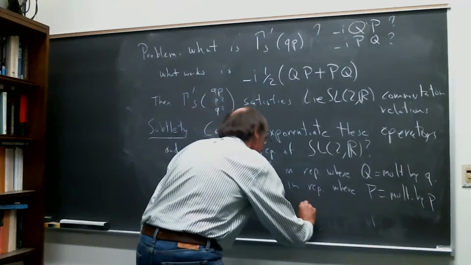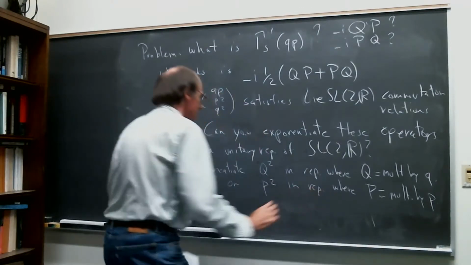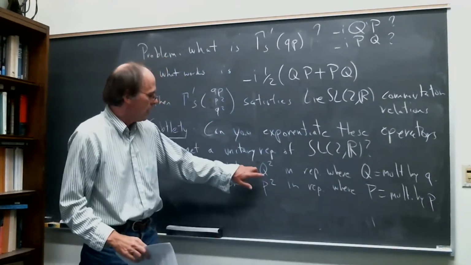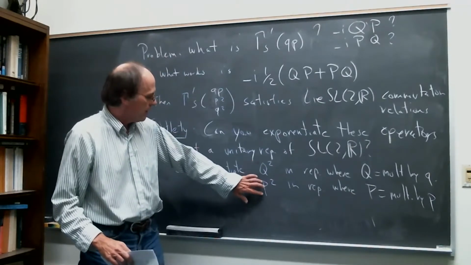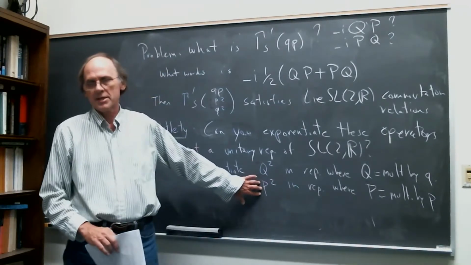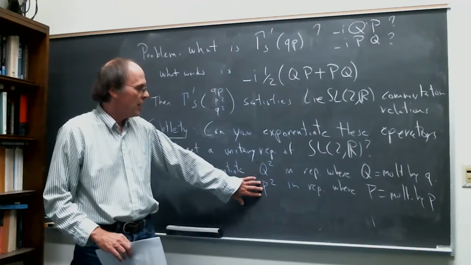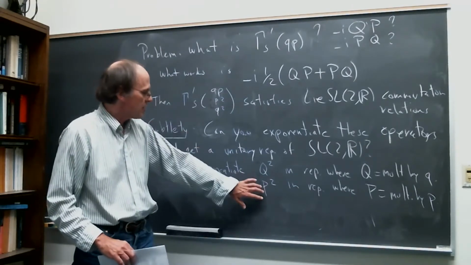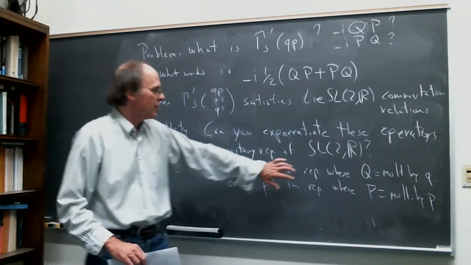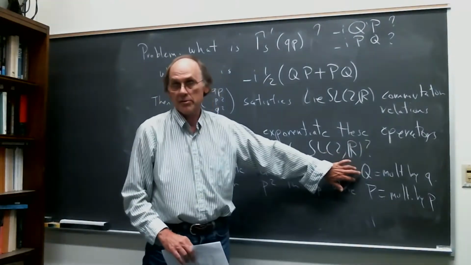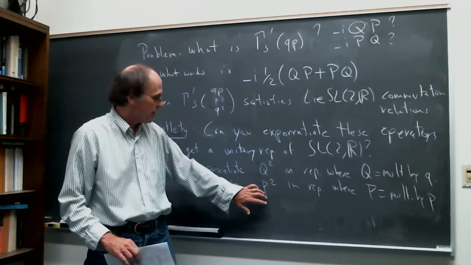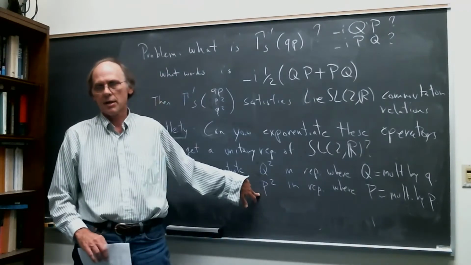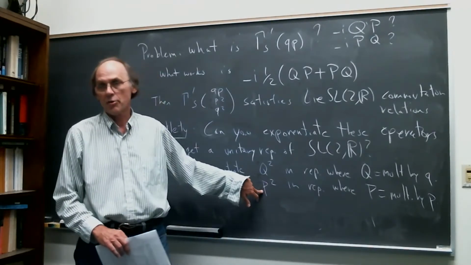Well, let me just say, if you want to figure out what it means to exponentiate p squared, and you're in the position space representation, then you're going to be exponentiating the second derivative.